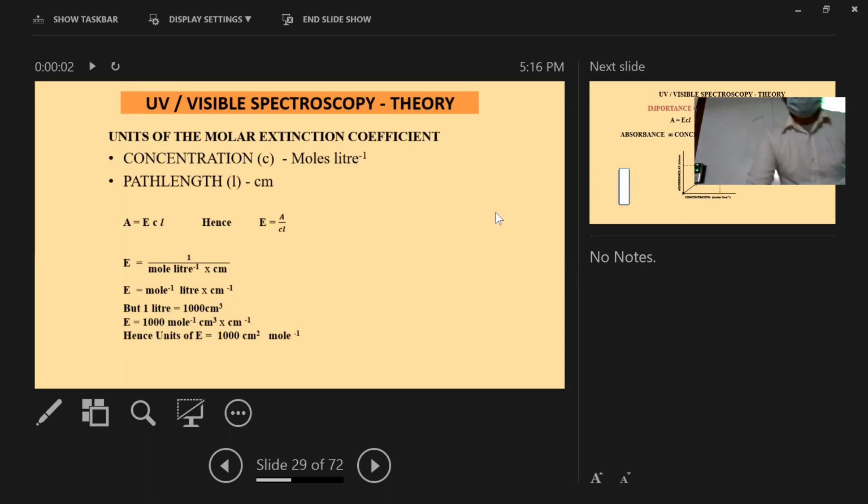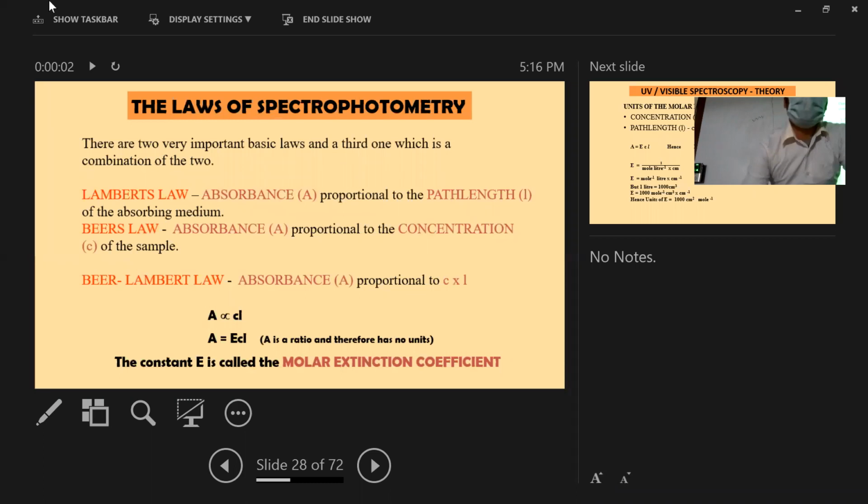So, the laws of spectroscopy: there are two main laws. We call them Lambert's law and Beer's law, and when we combine them, that gives the Beer-Lambert law.